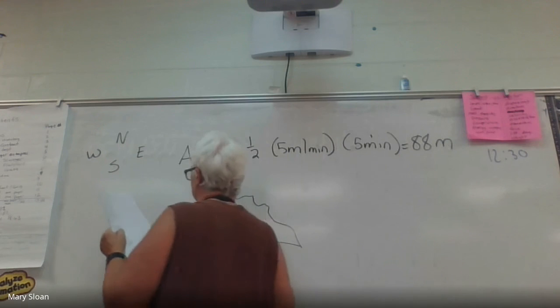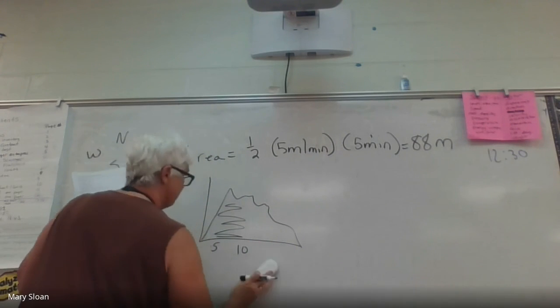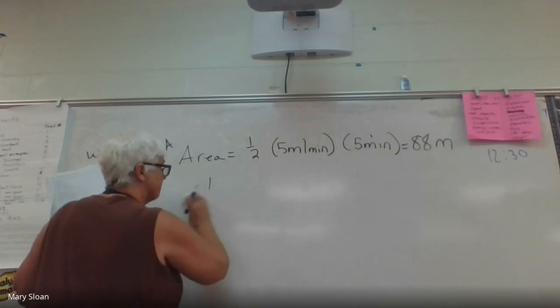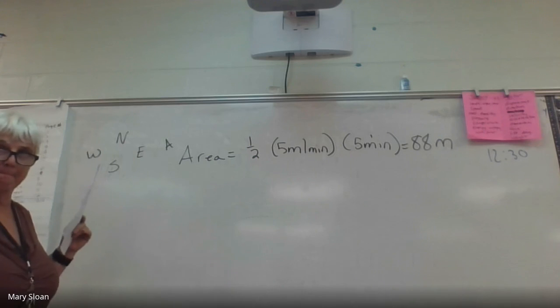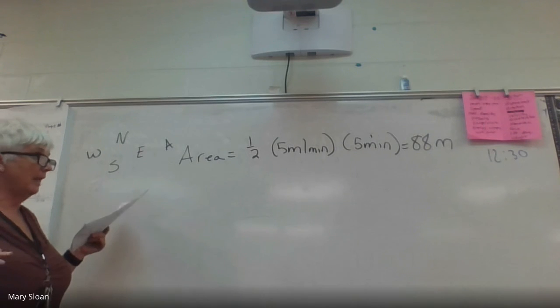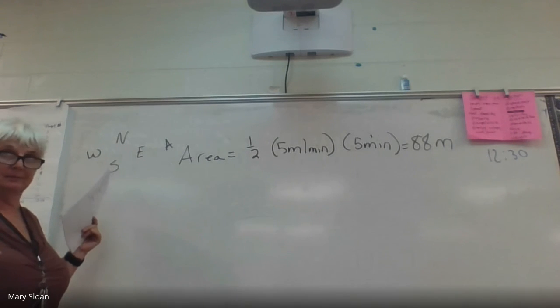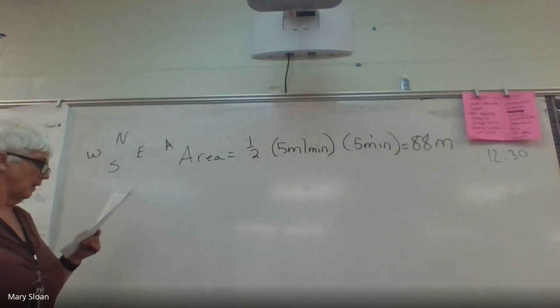It's okay. We got this. How we doing, Raymond? 1/2 of 5 times 5. That's what it says there.